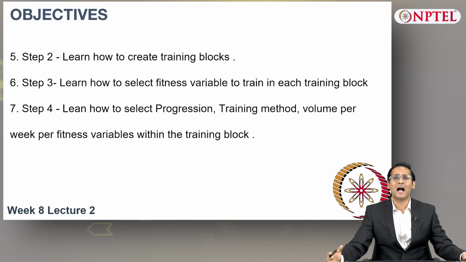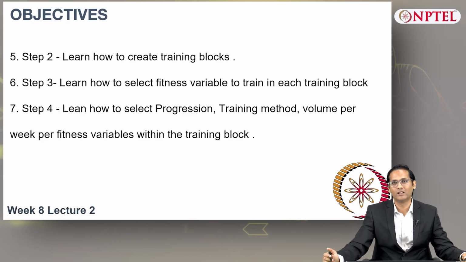Then we will learn how to create the training blocks, which is nothing but creating the periodized training sessions. Then the objective is to learn how to select the fitness variable to train in each training block. Once you have created a periodized block, you would select a particular fitness variable to train in that periodized block.